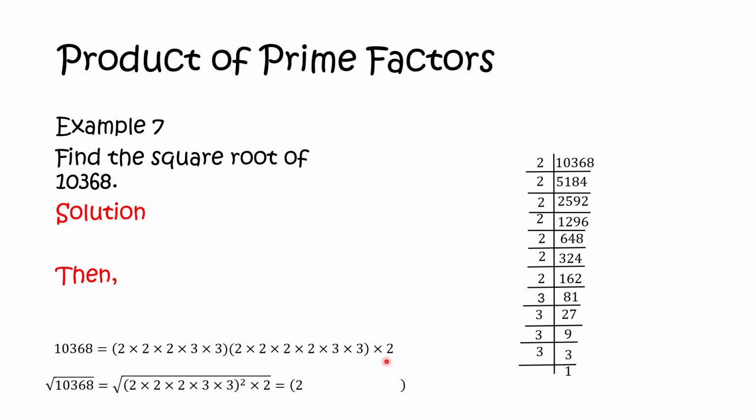So as usual, the 2 is left out. So we have 2 times 2 times 2 times 3 all squared times 2. Then when we distribute the square root will cancel out with the squared, but for the 2, it wouldn't cancel out because it's only 1 2. So that we get our answer as 72 root 2.